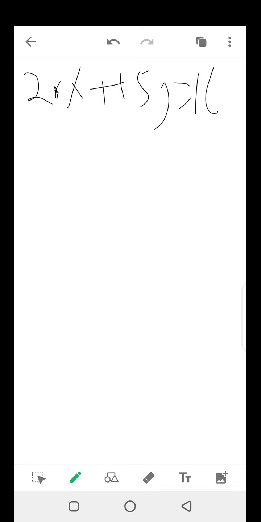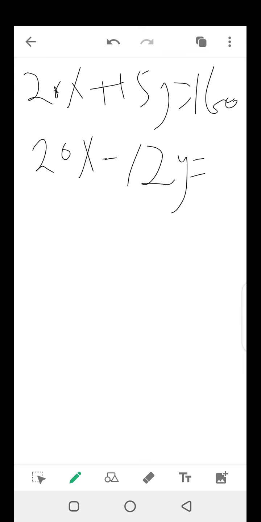So we have 20x plus 15y equals 160. Then we have 20x minus 12y equals 52.